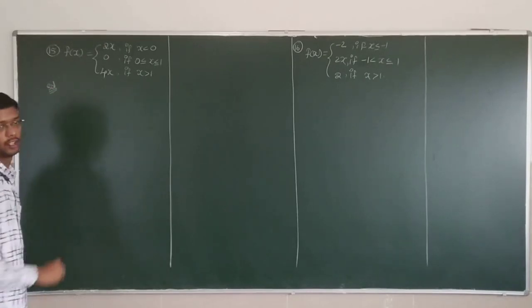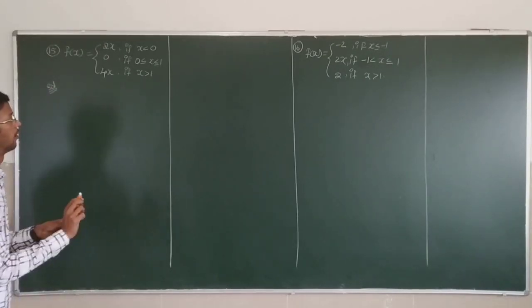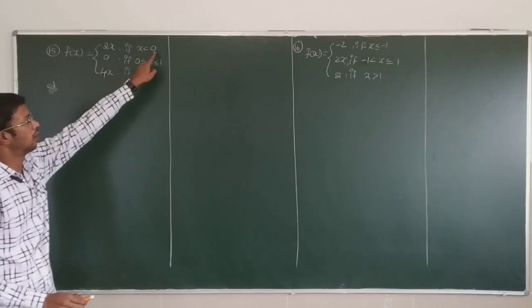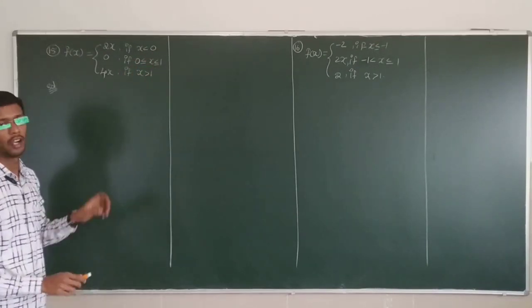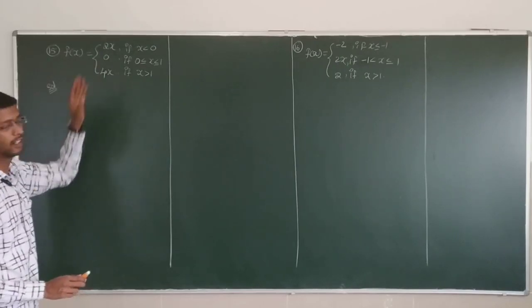Discuss the continuity. For that purpose, here you have 0 and 1. Only at those places do you have to check the continuity. At the remaining positions, it is already a polynomial.